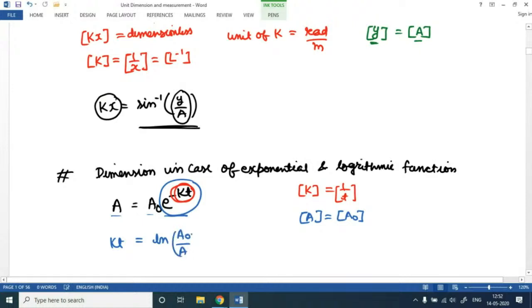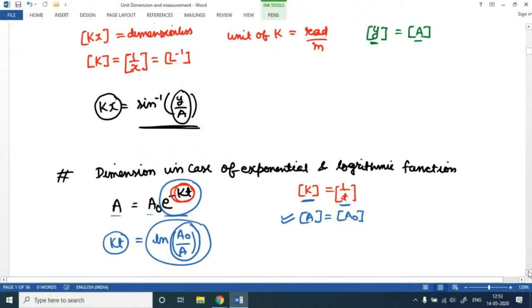Here a naught by a would be a dimensionless quantity, so a and a naught have the same dimension. And kt would be a dimensionless physical quantity, so the dimension of k would be the same as 1 by t. So these are a few important things.